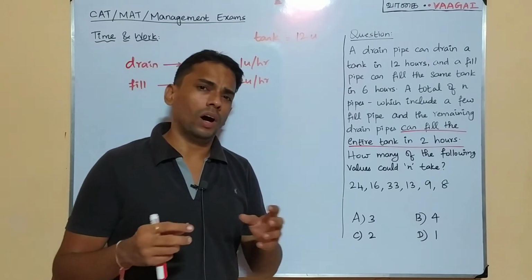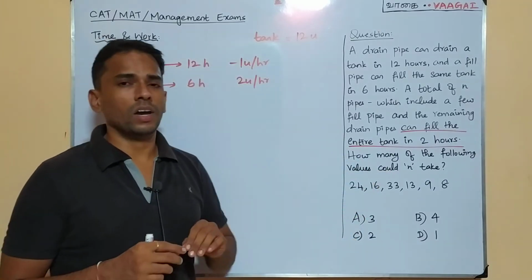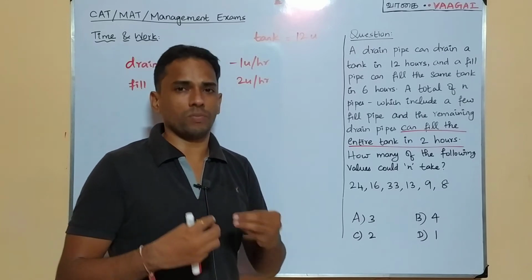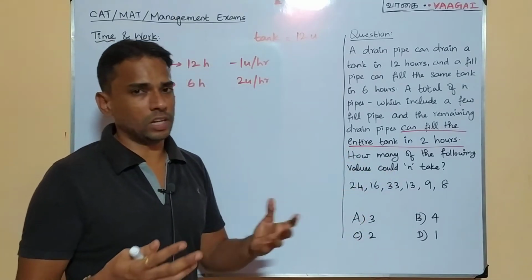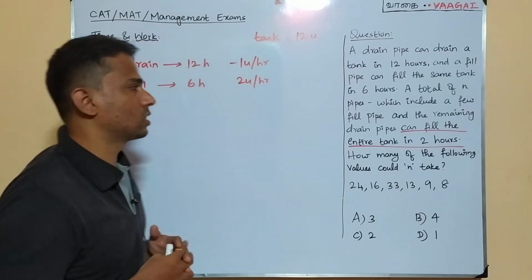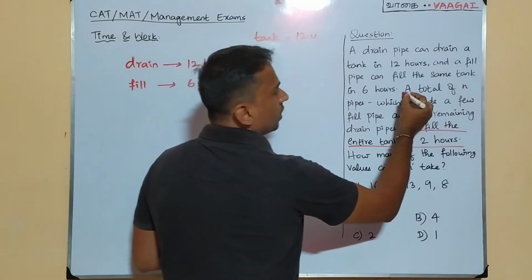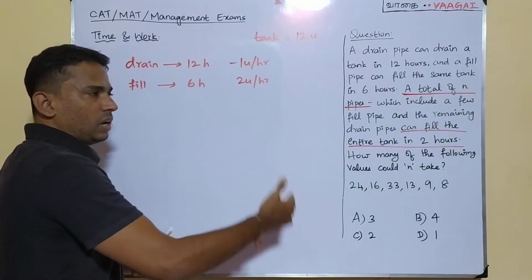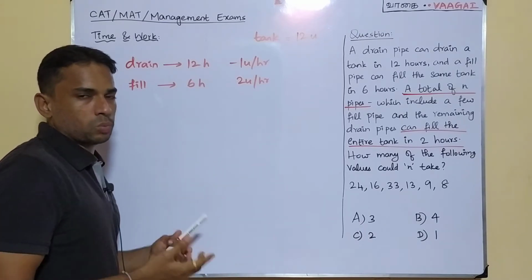Since we are about to test the properties of numbers, we'll use numbers themselves, and maybe that will help us get the answer. Continuing the question, what are they giving here? There are totally n pipes, some of them are filling pipes and the remaining are emptying pipes, I mean drain pipes.